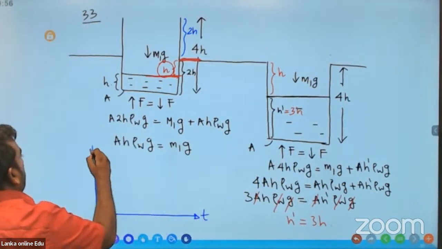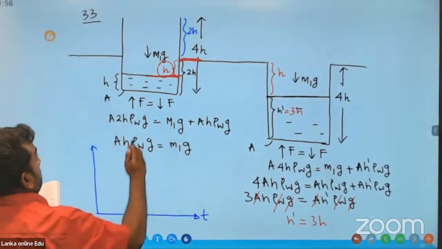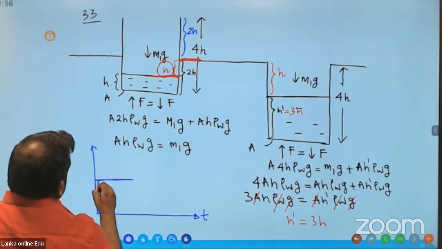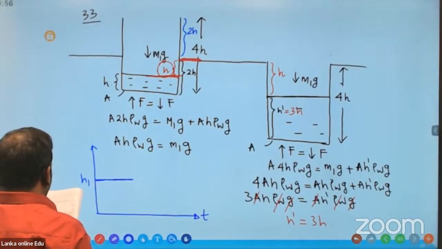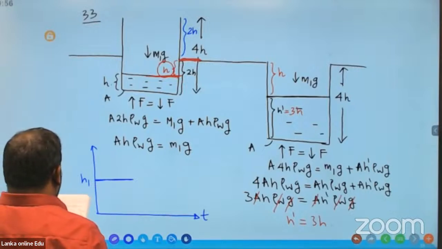But the difference, the inner height H1, should be constant. H1 constant. The outer height keeps on reducing.